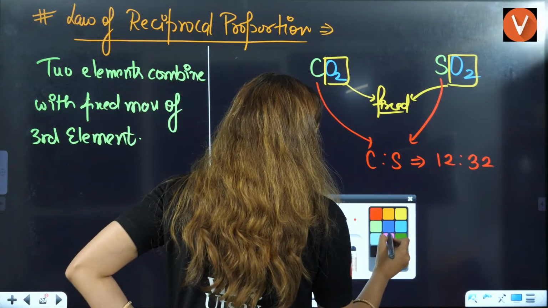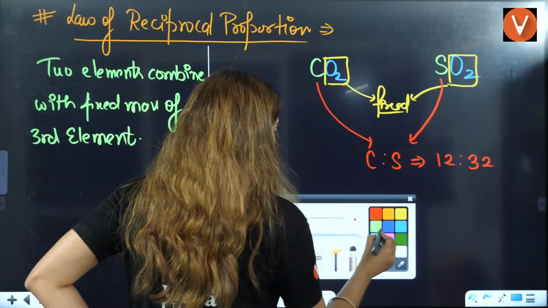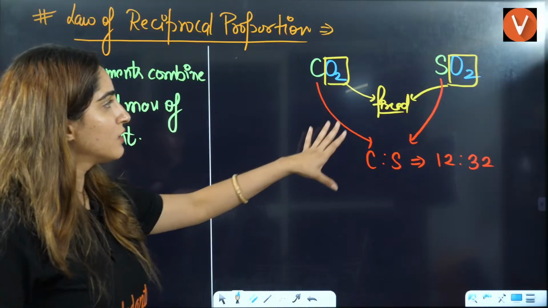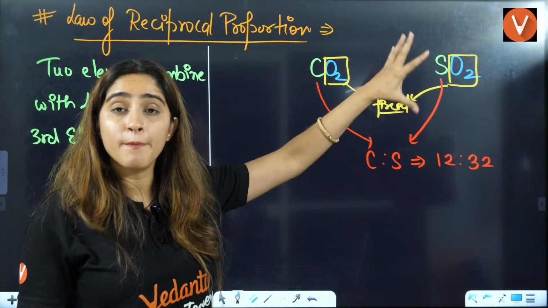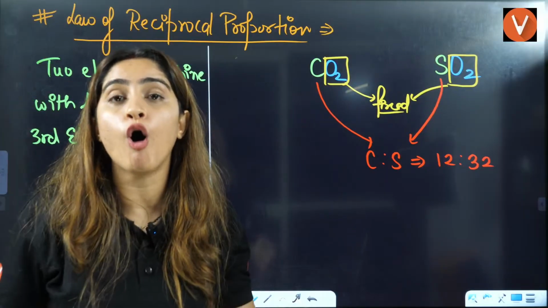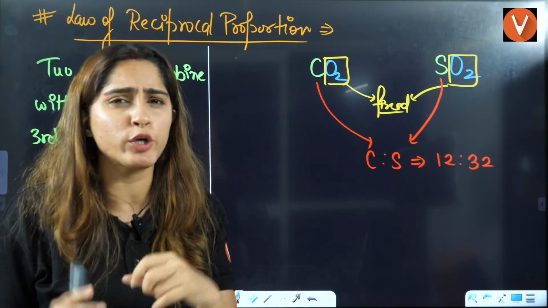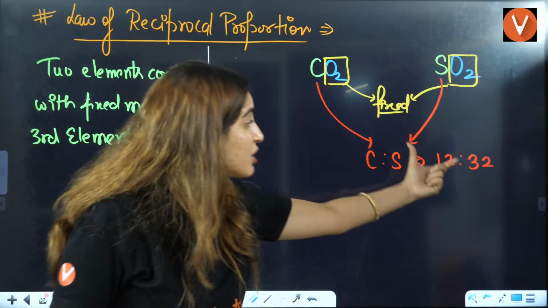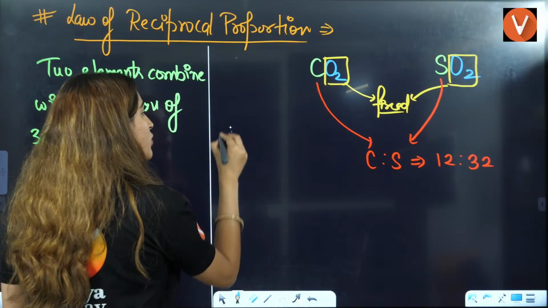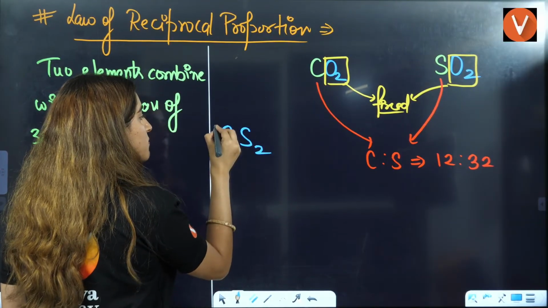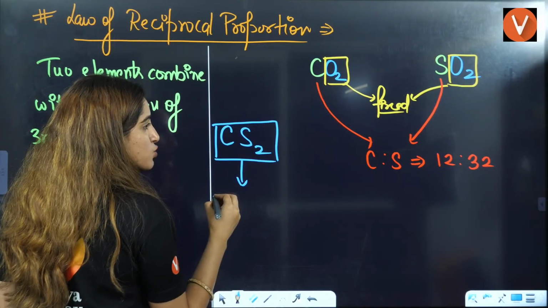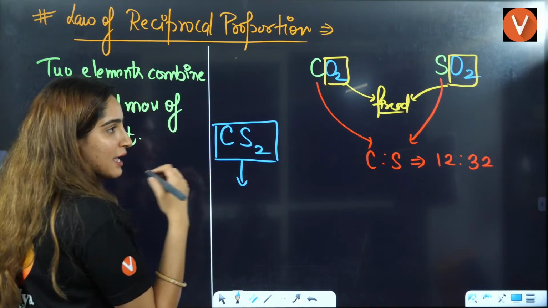Now, the other statement is that if two elements combine with the fixed mass of third element, then the ratio of those two elements is going to be equal to what? If these two elements combine together, they will form CS2. CS2 is carbon disulfide, right?